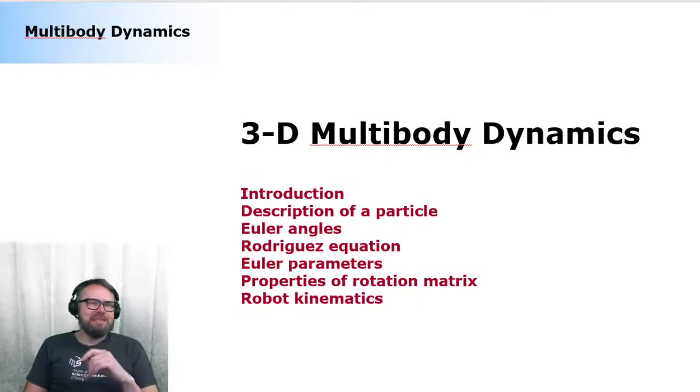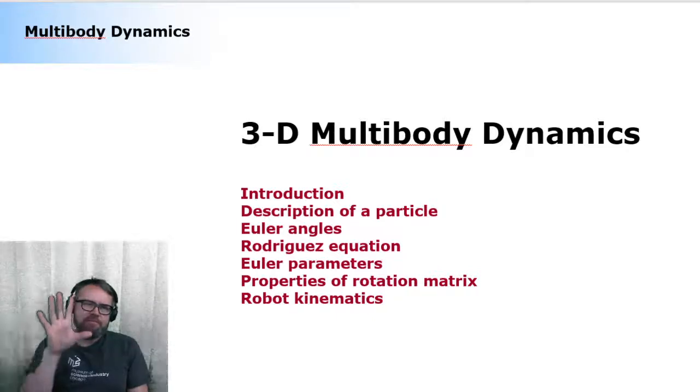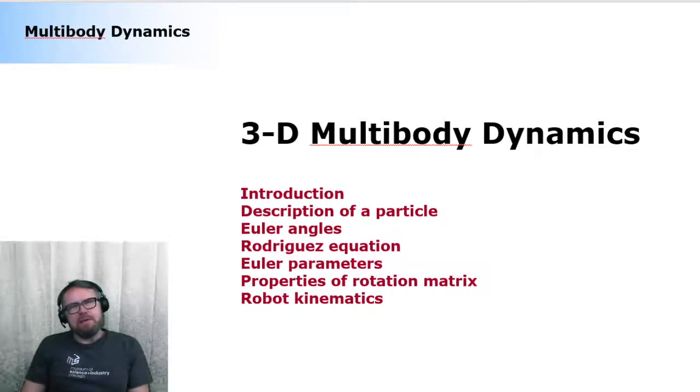You remember the Santa Claus example, so the rotation of a particle is non-existent. A particle doesn't have rotational degrees of freedom. And then we're going to look at the way we can describe the orientation and rotation of coordinate systems. So we look at the method you're already familiar with, the Euler angles.